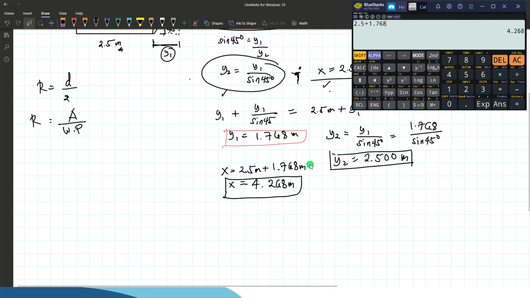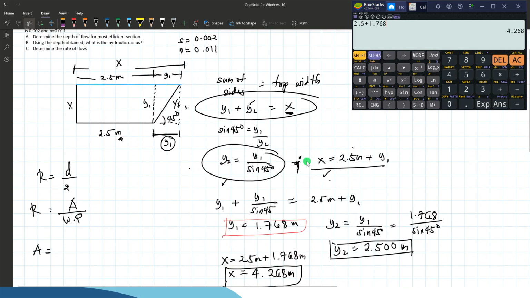Okay, so let's determine now the area. The area of the trapezoid is 2.5 plus x, that's 4.268, divided by 2, multiplied by the depth y sub 1, which is 1.768.